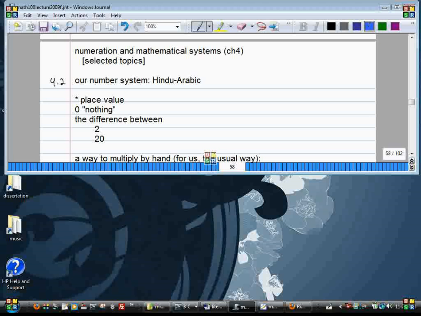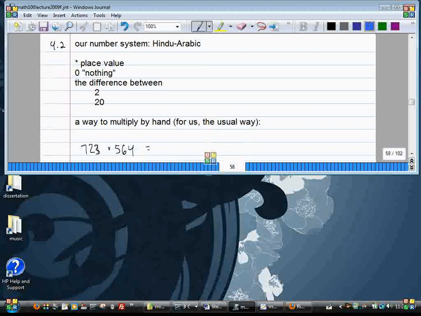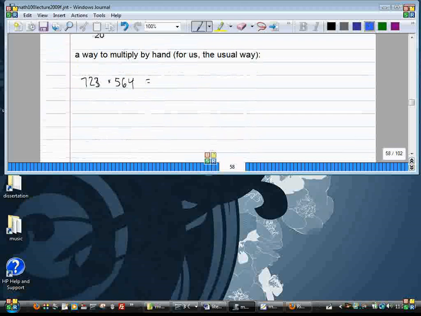So one interesting topic, and some people have seen this, some people haven't, is how do you multiply two numbers by hand? Obviously, when I say how do you multiply two numbers, most people now will whip out the calculator. That's not what I'm talking about. I'm talking about how we actually organize multiplication. So if I said multiply 723 times 564, no calculator, how would you do it?